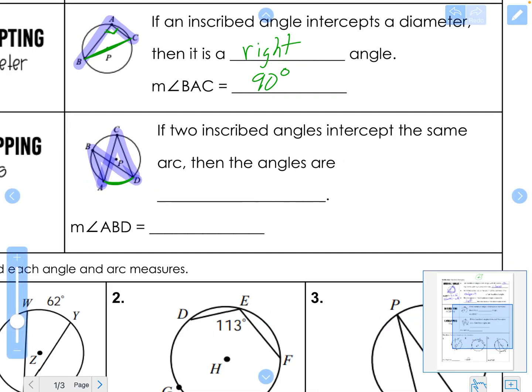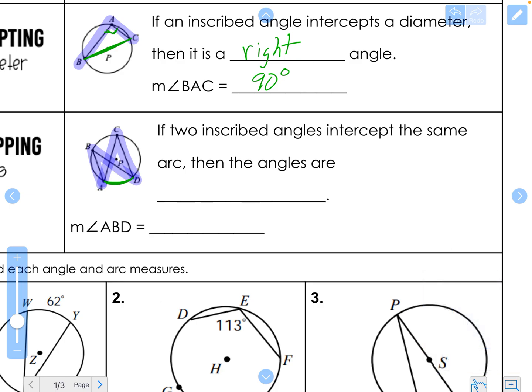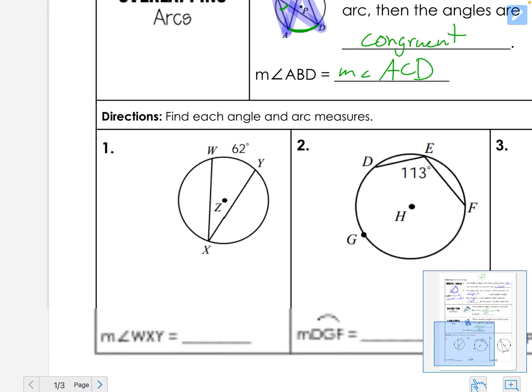So if 2 inscribed angles intercept the same arc, then we know that the angles are congruent. So the measure of ABD is going to be congruent to the measure of angle ACD. We're going to have examples of all 3 types of these problems.